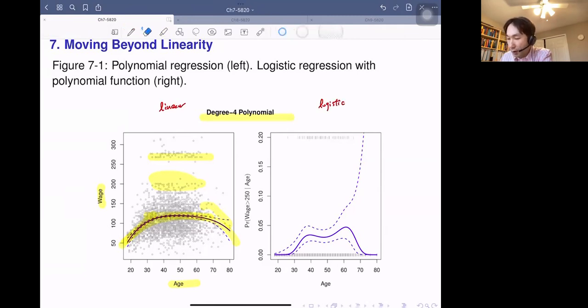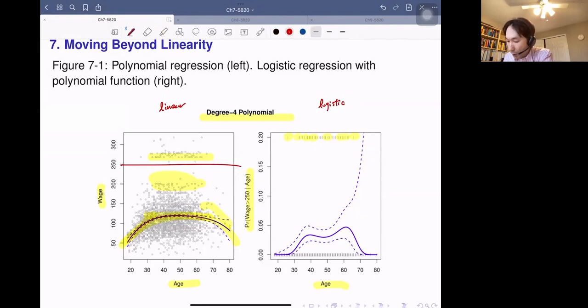In the logistic regression, X is the same, the predictor is age, and the response variable is the probability that wage is more than 250, probably $250,000. Okay, so these are the plots. A small number of people get more than $250,000, as you can see here.